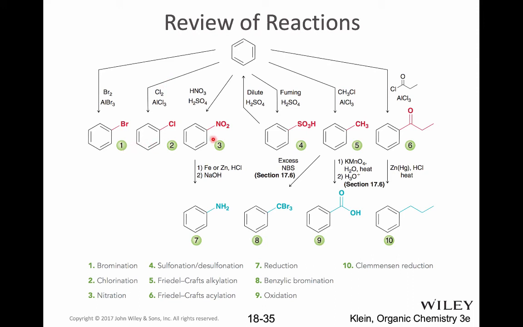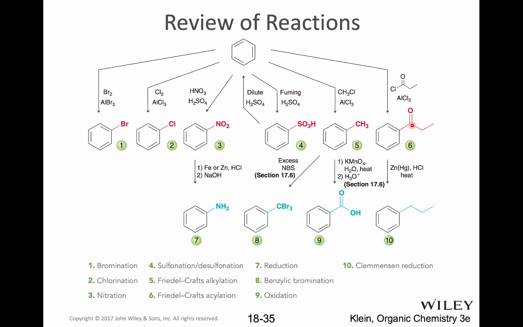Bromination, chlorination, nitration, sulfonation, alkylation, acylation. I can reduce the nitro group. And we can remove the sulfonation group, so I can go from here and then remove it to go back to the benzene ring. I can halogenate the benzylic position of an alkyl halide. I can oxidize the benzylic position of an alkyl group on a benzene ring.